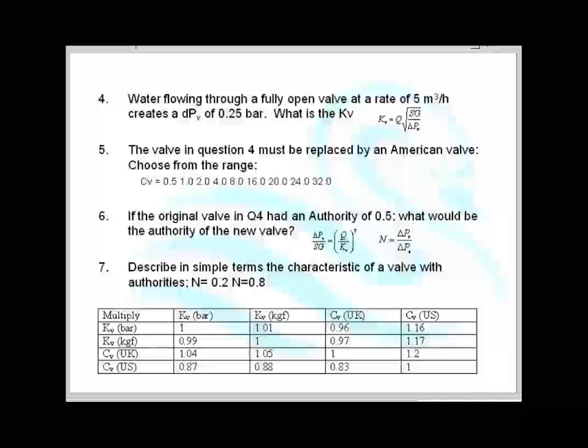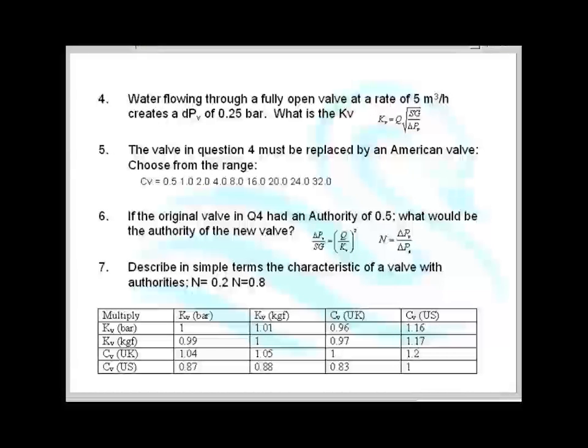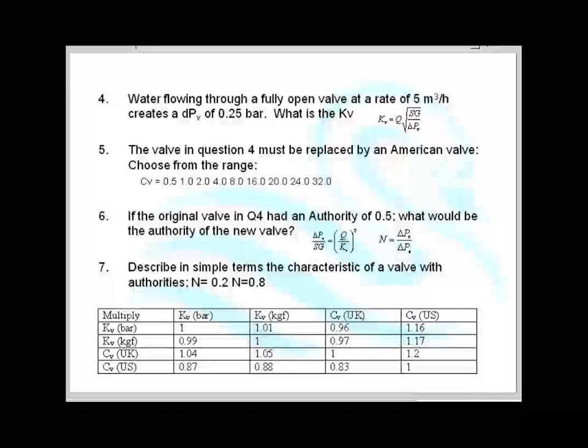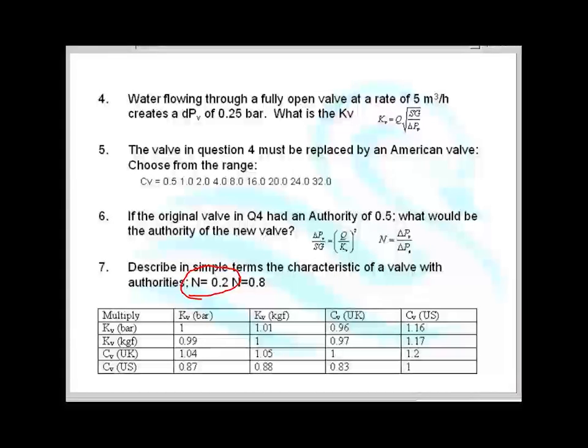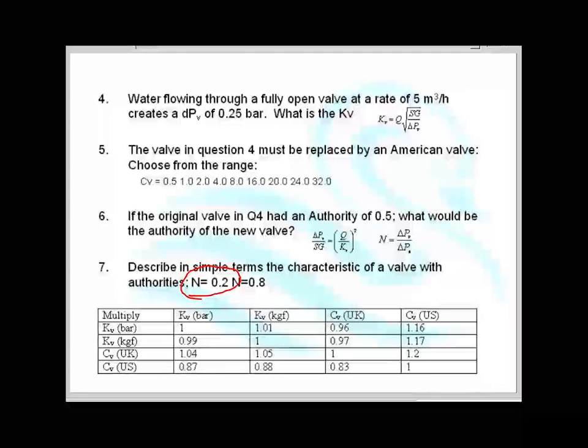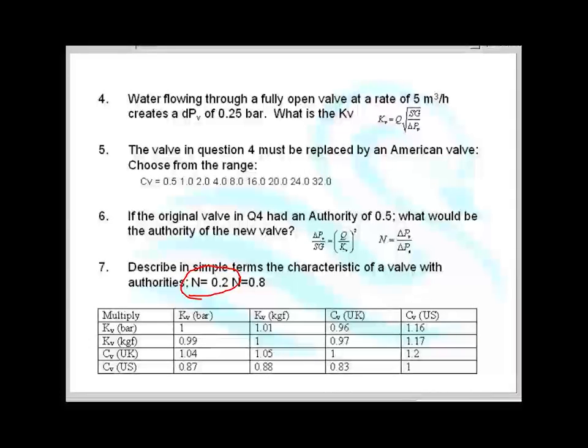So last question then. In simple terms, describe the characteristics of a valve. So in simple terms, authority 0.2. How would you describe that valve? Too big.